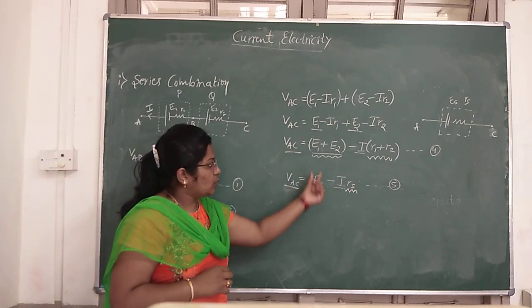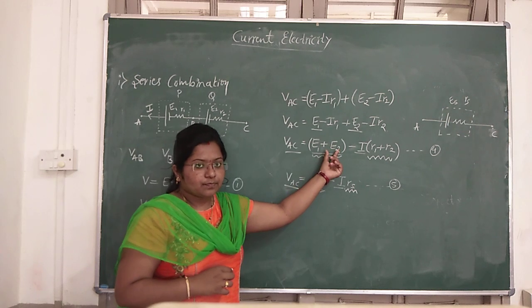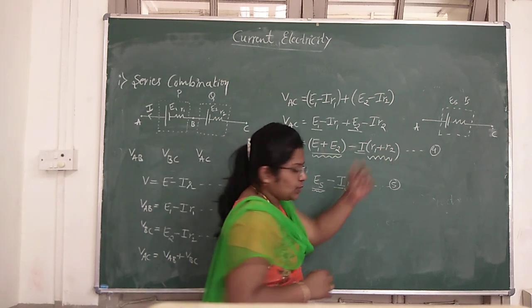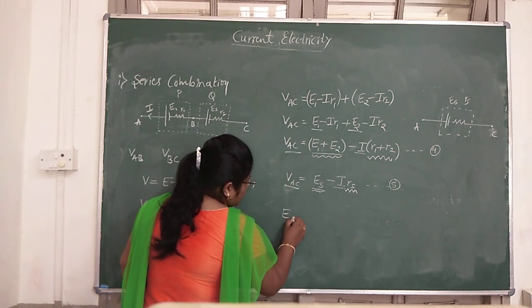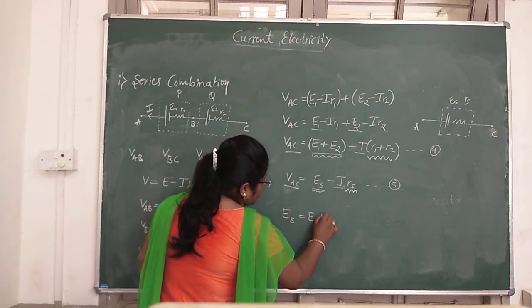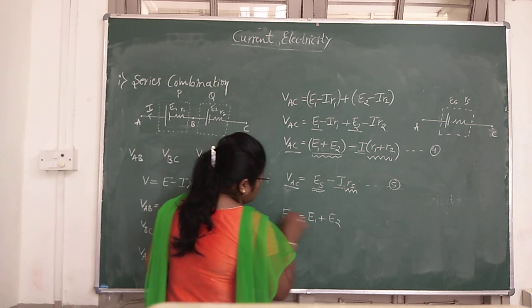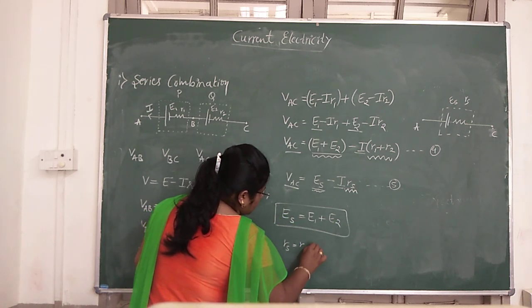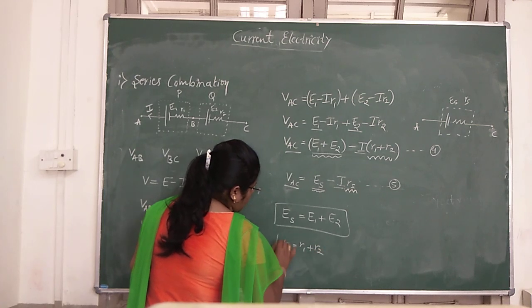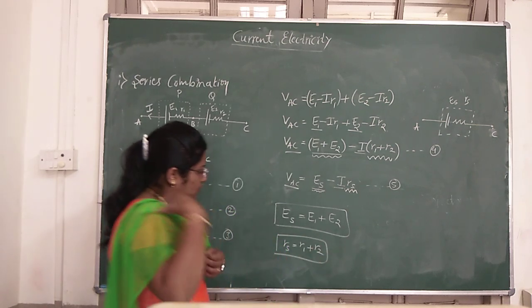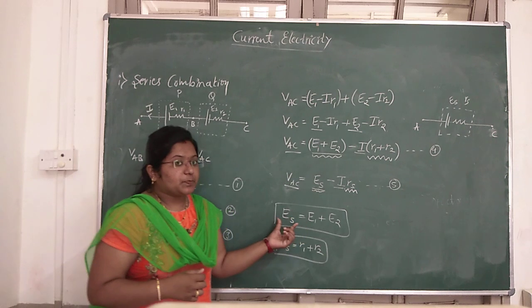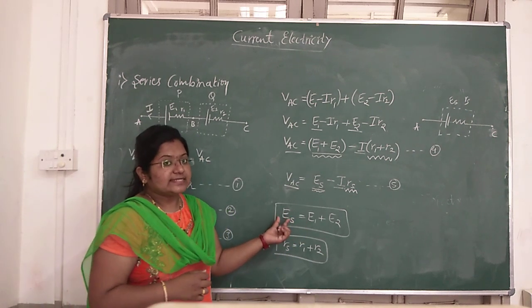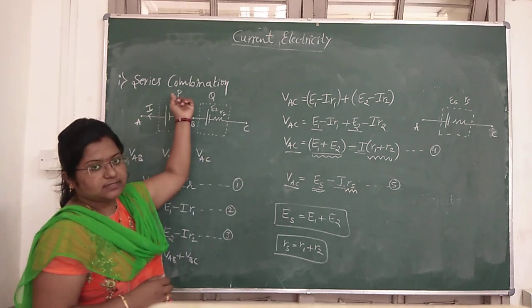ES equal to E1 plus E2 and RS equal to R1 plus R2. So I will write that ES equal to E1 plus E2 and RS equal to R1 plus R2.